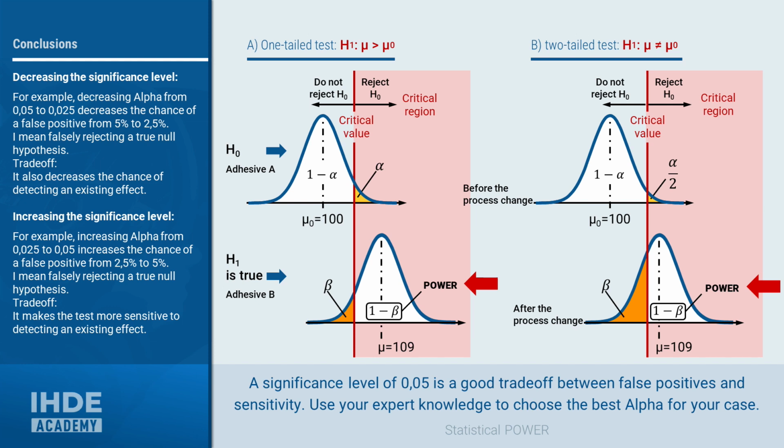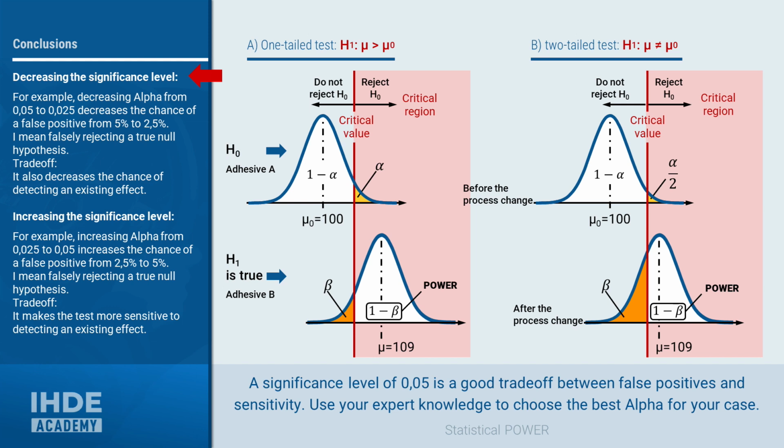and the spread. If the error probability alpha is reduced, for example, from 0.05 to 0.025, the critical region for rejecting the null hypothesis becomes narrower, that is, smaller. This can result in fewer cases being identified as significant as the test becomes more demanding.